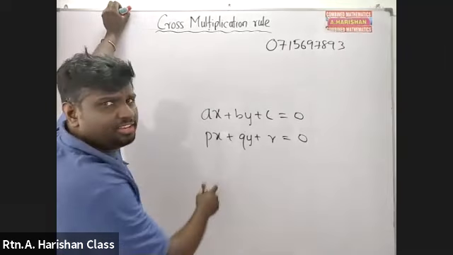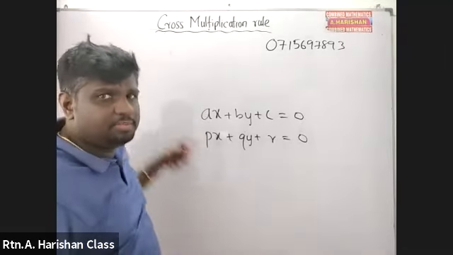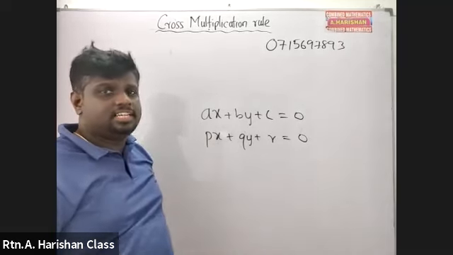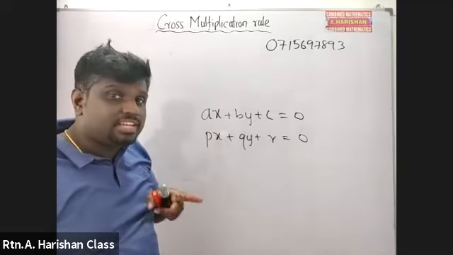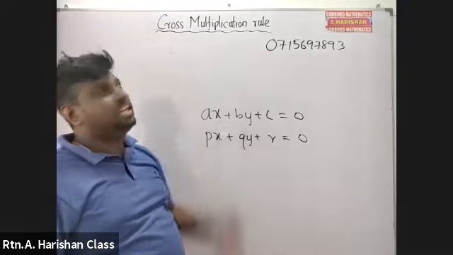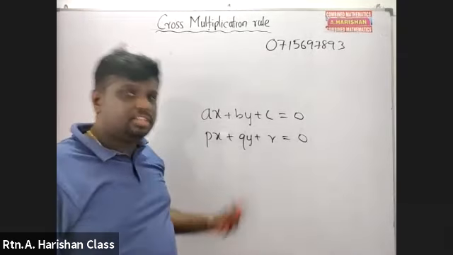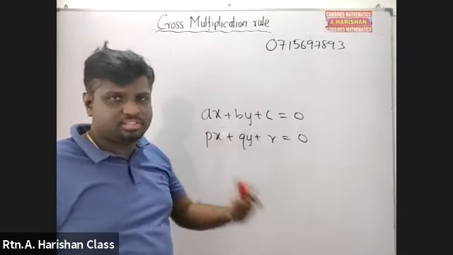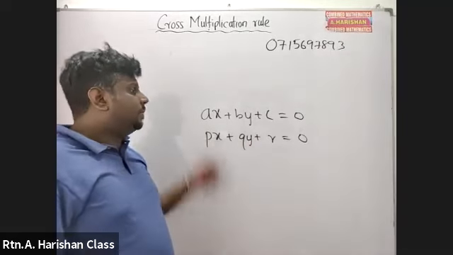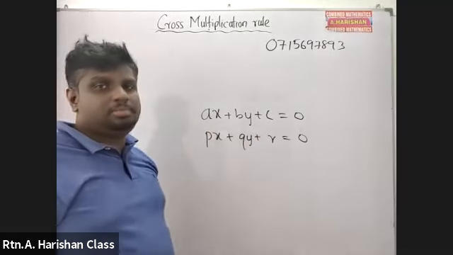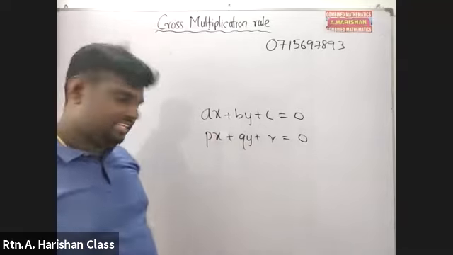That x to y ratio you can't find directly. If you can get it, you can use the DC rule. If not, you have to come to the cross multiplication rule. Even though you can make it and use the DC rule, that's a different story. But commonly we use the cross multiplication rule for these kinds of things.